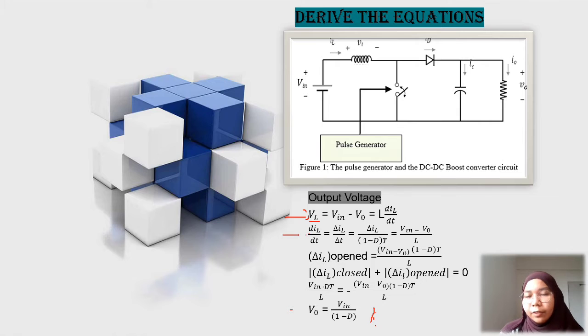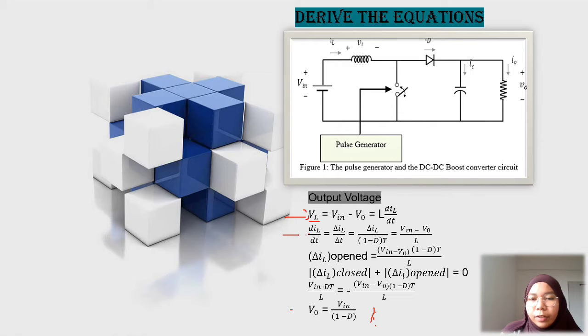Next, to derive the equation for output voltage, we can derive it like this. First, the inductor voltage is equal to the input voltage minus the output voltage, and we can derive it like this.